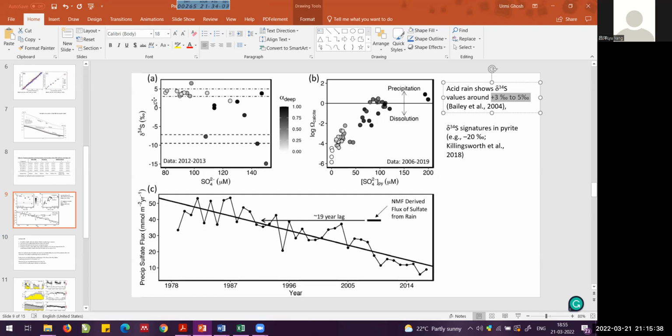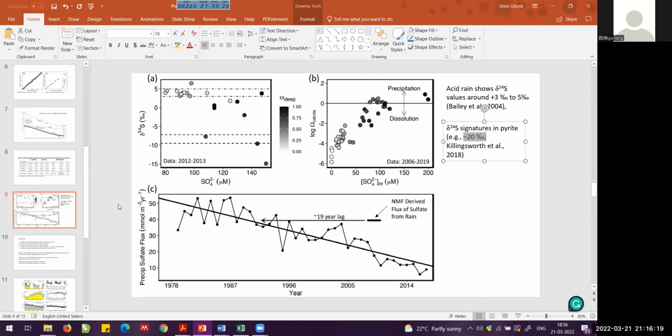So at the shallow level, the influence of acid rain is very evident here, whereas these values gradually become lighter as we move towards the influence of the deep water, and they are moving towards the 34S sulfur signature of pyrite, which is about -20 per mil. So del 34S of pyrite is about minus 24 per mil, and that means that pyrite dissolution is affecting the samples where there is more contribution of deep weathering.